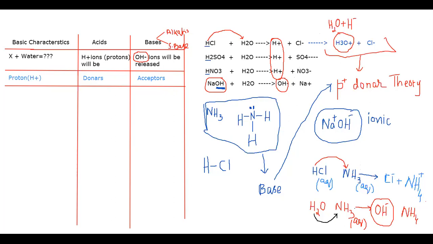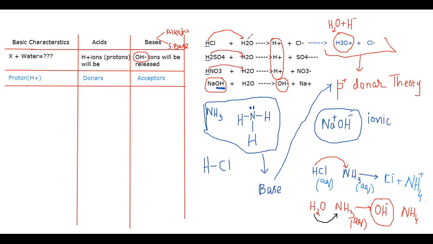It does not release the hydrogen ion. But what will happen here? When ammonia reacts with any kind of acid, it will accept the hydrogen ion. In this case, the sulfuric acid will release the hydrogen ion to make the hydronium ion, and nitric acid will also release the hydrogen ion.